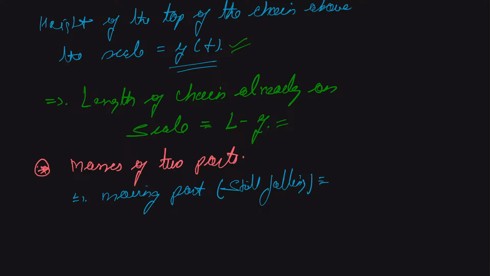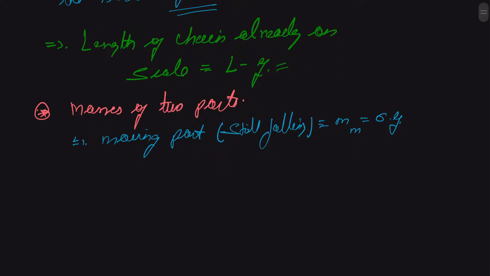Let us call this mass moving, and that will be equal to the linear mass density rho multiplied by its length y.